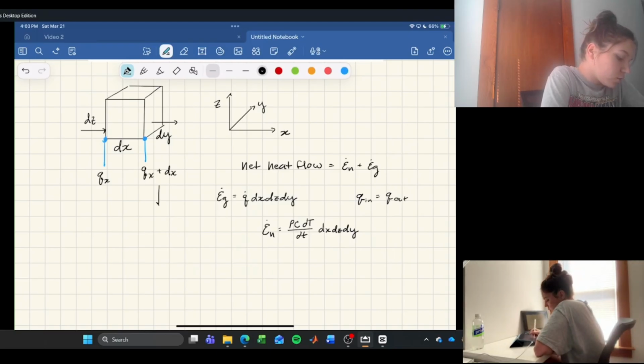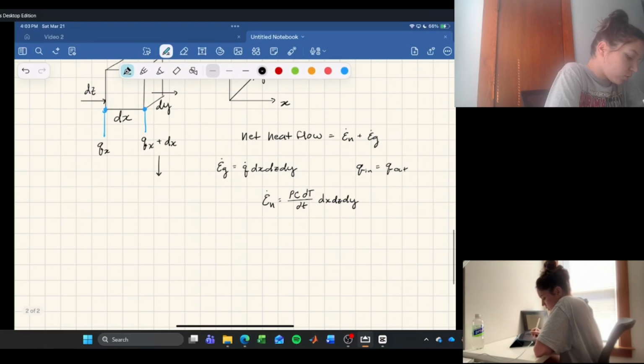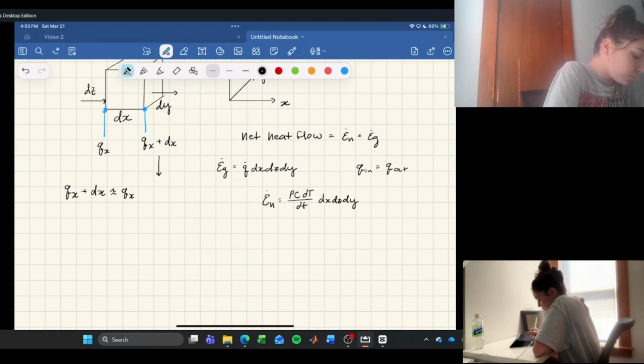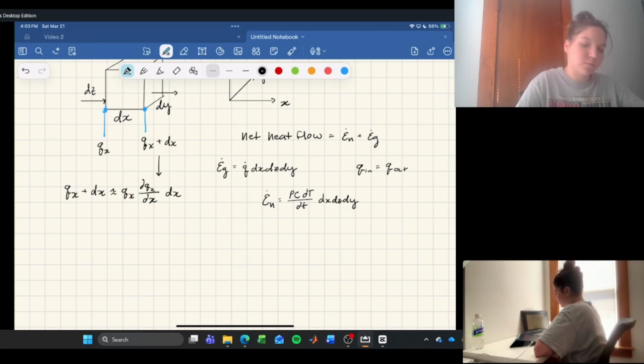And we can relate this, I'll rewrite it. Here it is. We can approximate this to be the heat flow times the change in heat over the change in position times dx.